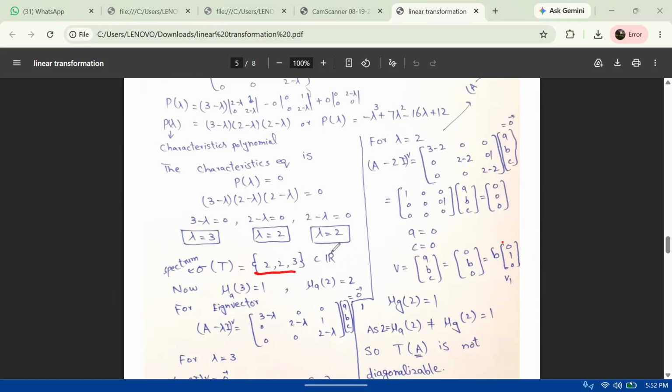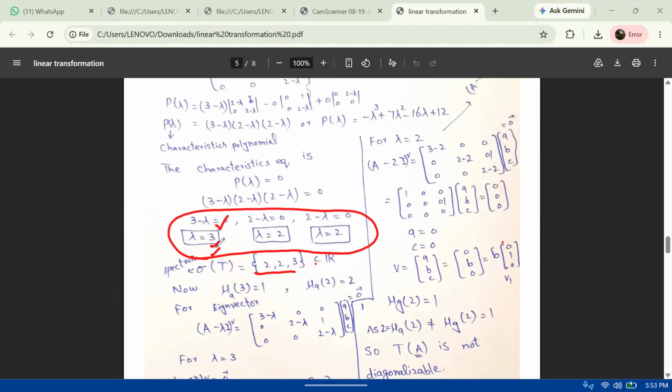So now the algebraic multiplicity and geometric multiplicity. Algebraic multiplicity means how many times a particular lambda value is repeated. You find these three eigenvalues, and lambda equal to 3 comes only one time, which means that the algebraic multiplicity of 3 is 1.